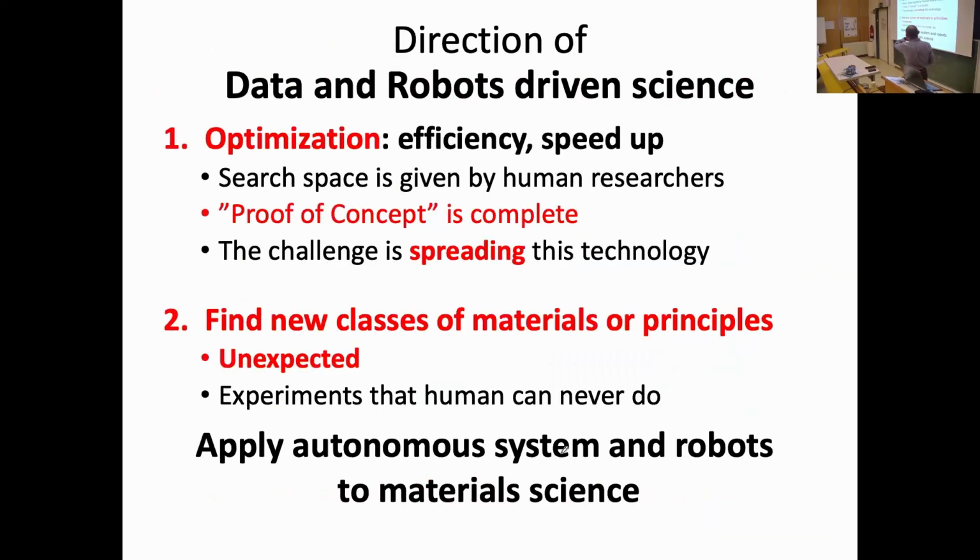I have to say that so far, we have to apply these techniques to optimization. This is very important, right? We have to choose the right topic. Optimization is the strongest part. If it's repetitive work and reproducible experiments, then this automation fits. And then, of course, as scientists, we want to find new classes of materials or something completely new, like serendipity.